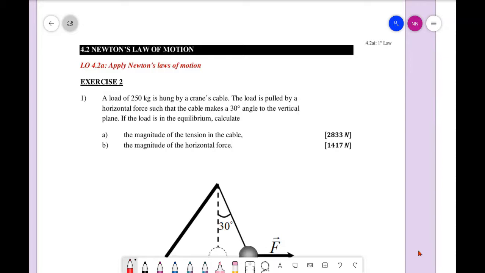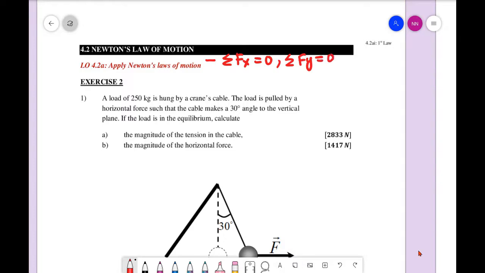So, dalam video ni kita akan discuss exercise 2 dalam learning outcome 4.2a, apply Newton's law of motion. Okey, untuk apply Newton's law of motion, kita akan apply sama ada net force x equals to 0 dan net force y equals to 0.